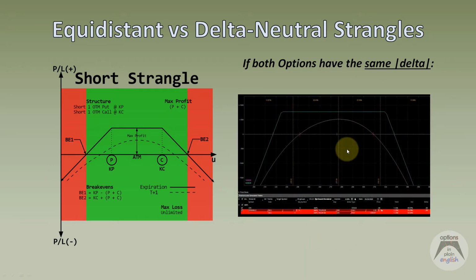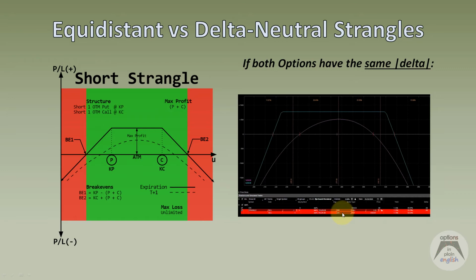So this is now the same strangle, but with the put being selected with the same delta as the call. So instead of the 320 put at 30, now we sold the 320 put at 25. So we moved the put to a lower strike so that it has a lower value.